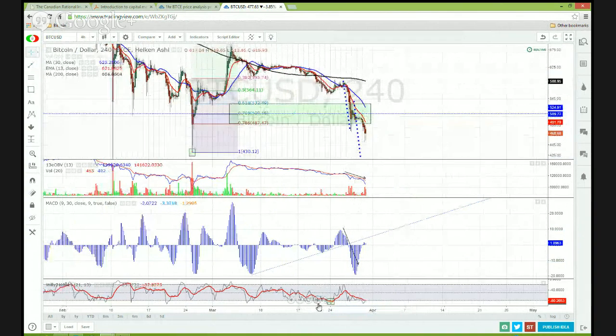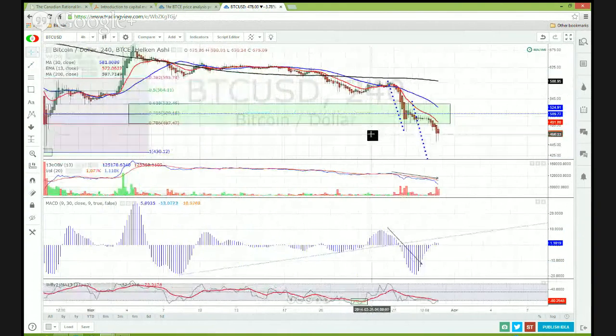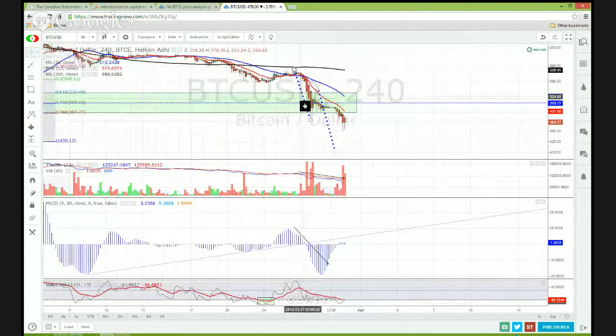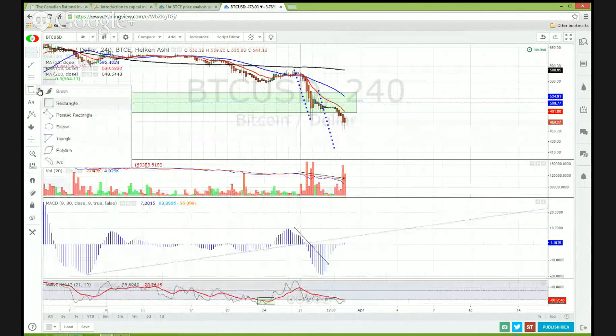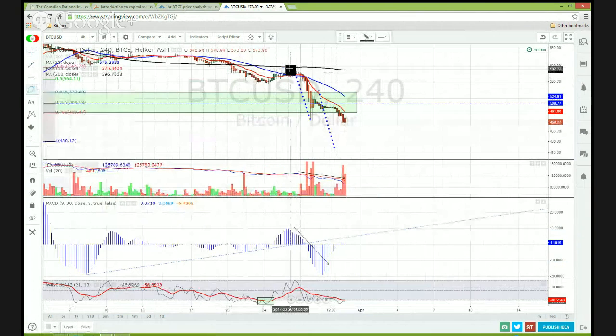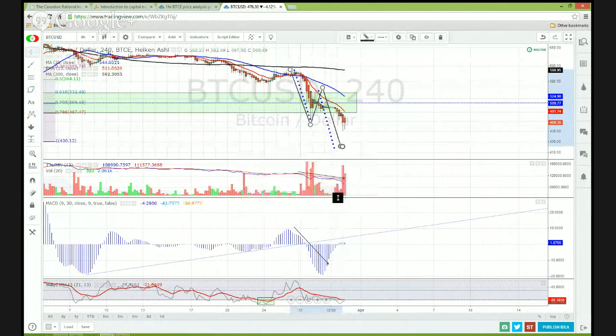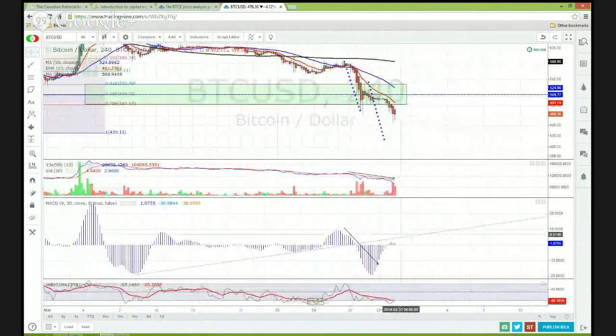So if we take this range here as our first leg, the bear ABCD just goes something like this: boom, boom, boom, boom. Right? It's just a nice simple harmonic pattern. So in essence, right now, this is targeting down in the low 400 area as an ultimate target.